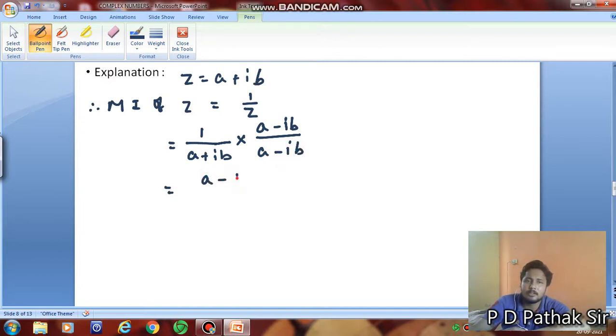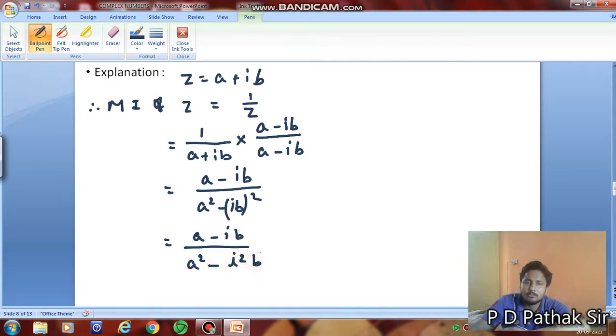After multiplying, we will get a minus iota b in the numerator, and in the denominator we will get a plus b, a minus b, so a square minus b square. Formula: a square minus b square, where b square means iota b square. On solving, we will get a minus iota b upon a square minus iota square into b square.